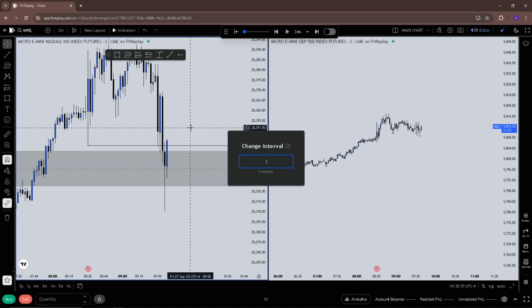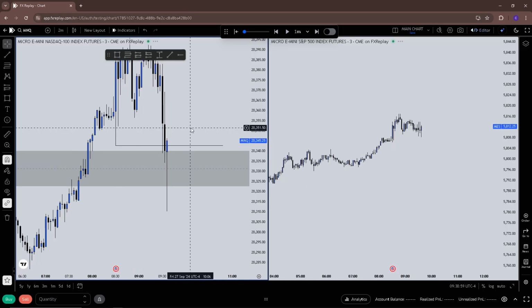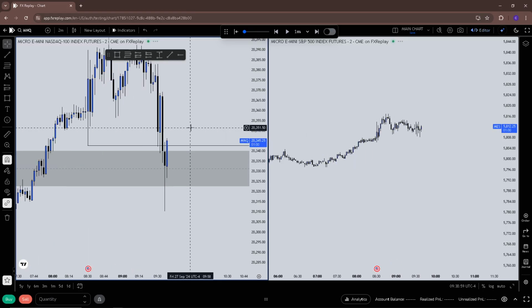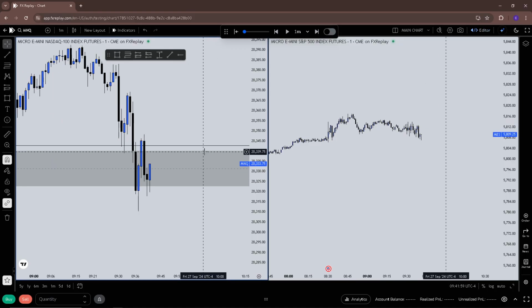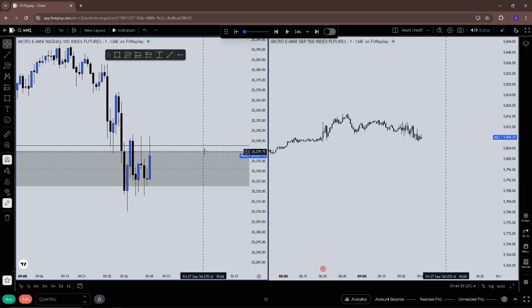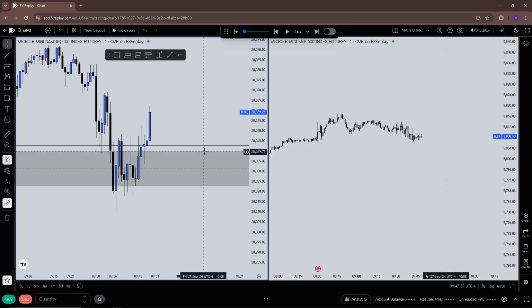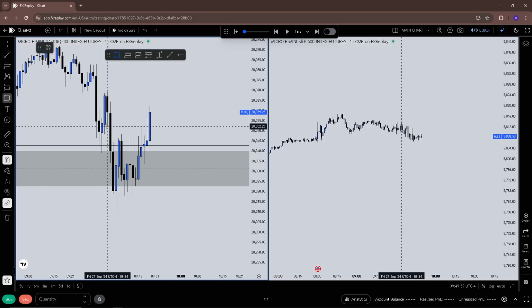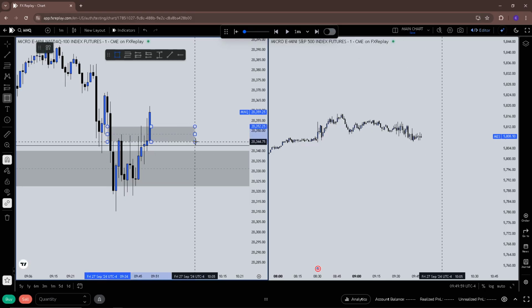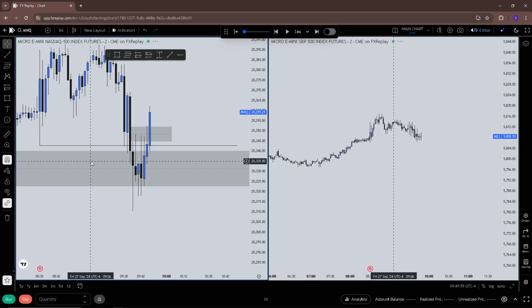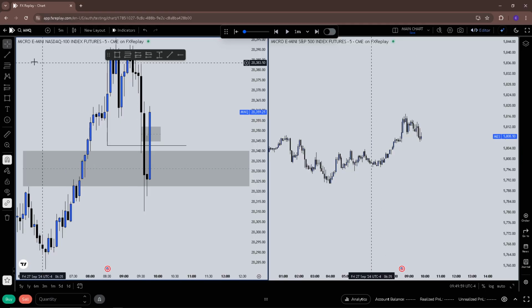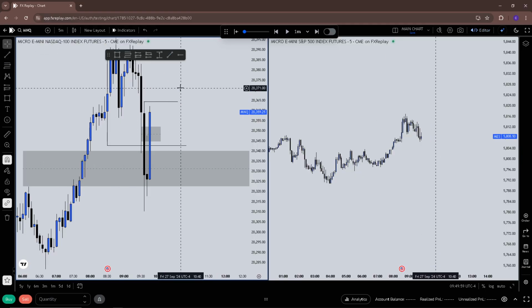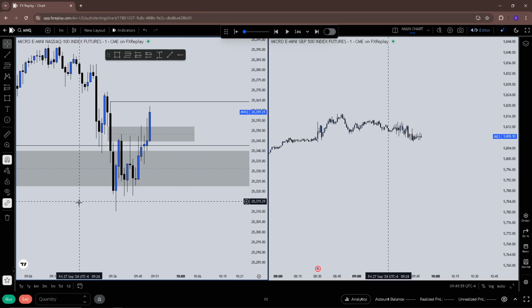Still respecting the 50, the consequent encroachment. Could take this long, delivering from an hourly. We are trending up into an unfilled 5-minute though. Could just play this quick break even.